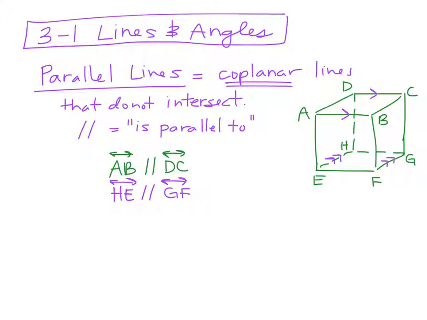Okay, here's the one that is probably new to you, and the one that people always forget about when they say parallel lines are lines that don't intersect. Skew lines, okay, S-K-E-W, skew lines are non-coplanar lines that don't intersect, okay? So this is going to be non-coplanar.